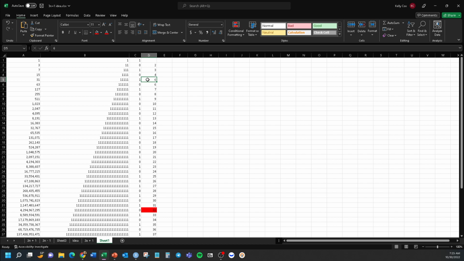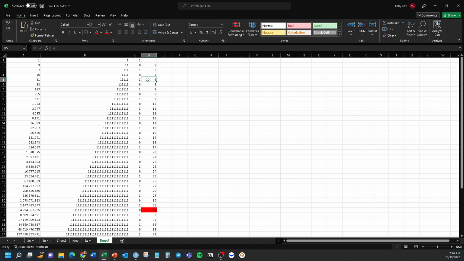But 63 is the first 6-step climb out of the gate. So these powers of 2 minus 1 give us our first number that can do that climb.